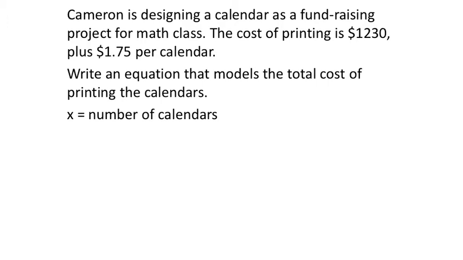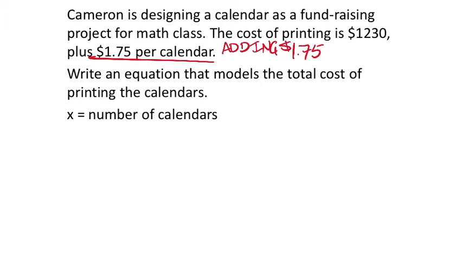So for this one, okay, those last few examples we saw repeated multiplication. But for this one, we have the cost of printing, and then it's plus this $1.75 per calendar. So that means you're just adding this $1.75.